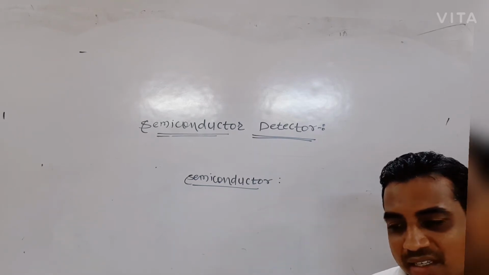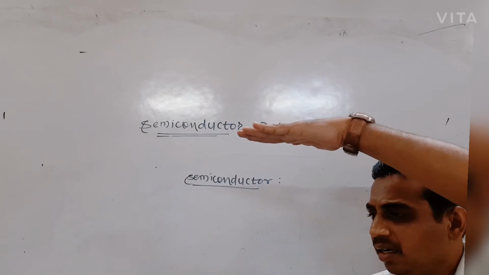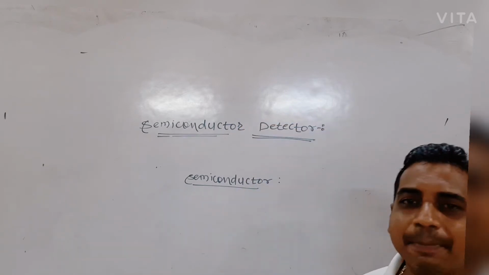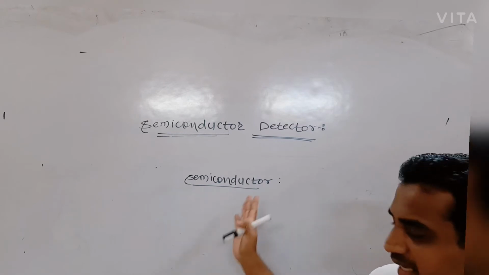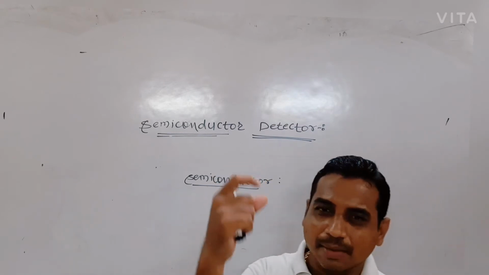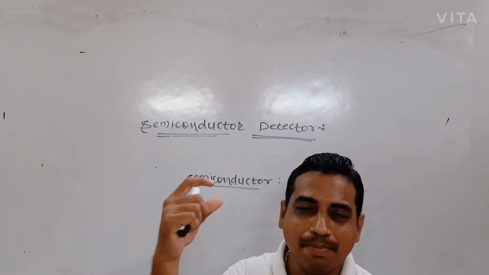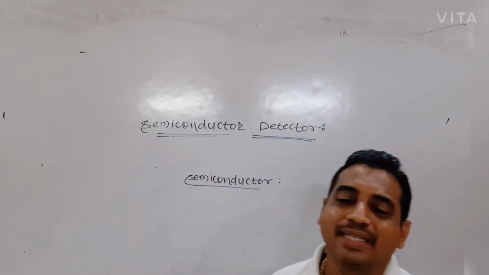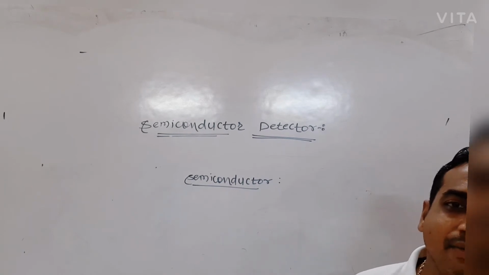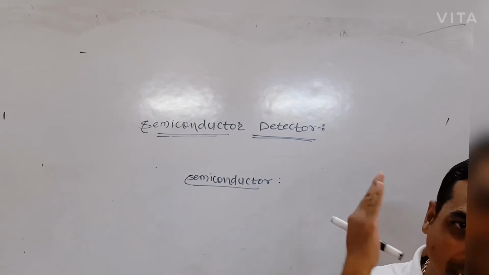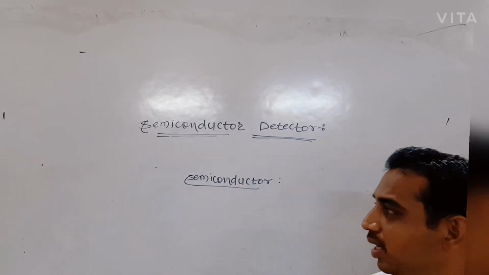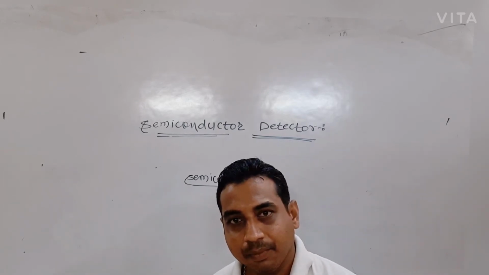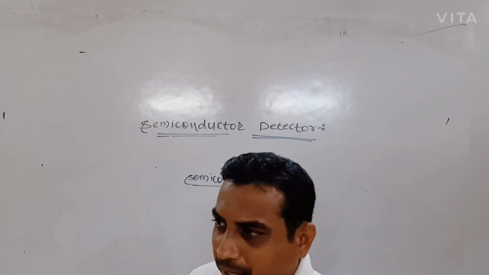But in insulators, the forbidden gap between the conduction band and valence band is maximum, and here the forbidden gap is very low, the minimum forbidden gap. That's why the conductivity lies between conductor and insulator, and that is called a semiconductor.